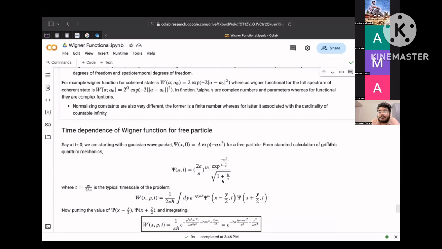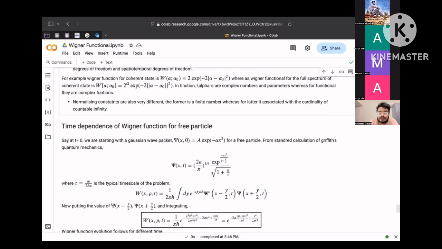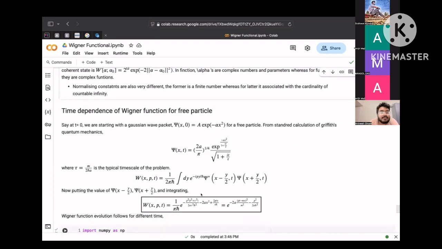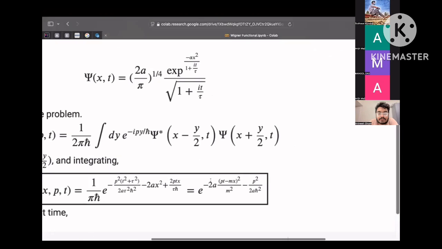This is the time dependence that we have, and the essential time scale is tau, which is m by 2 h-cut a. We simply calculate the Wigner function here, not a functional. So it's psi star psi with different arguments. You put it in and it becomes a simple integration. This gives the time dependence of the function.